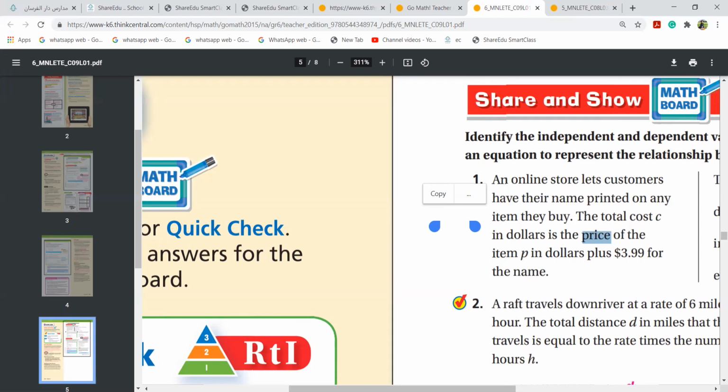So the price of the item is independent because it's up to your wish to buy whatever item you want, with different prices. The cup will be cheaper, the bracelet will be more expensive. So it depends. That's why it's an independent value. Plus 3.99 for the name. This is not changing. Whatever you buy, you have to pay it. See how I do it.